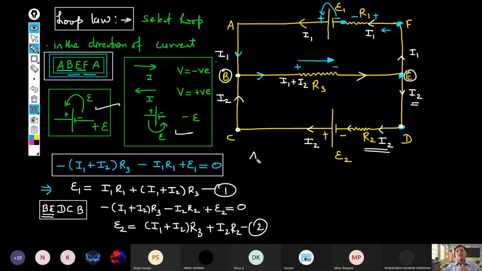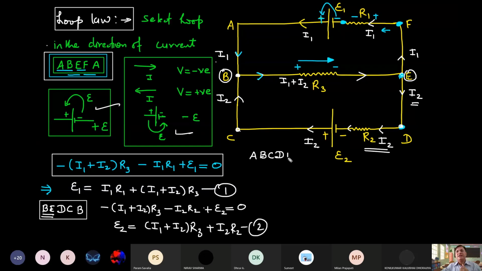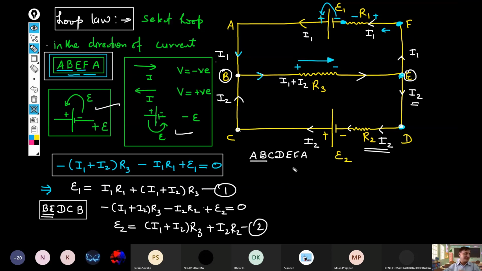Yes, sir. So Akshat, I am taking the loop A, B, C, D, E, F, A, right? For A to B, what shall I write? There is no resistance, so 0. Okay. B to C, there is no resistance. Correct? Yes, sir.